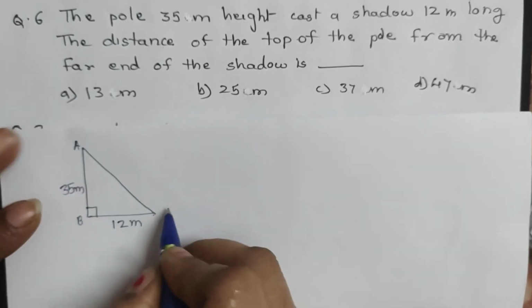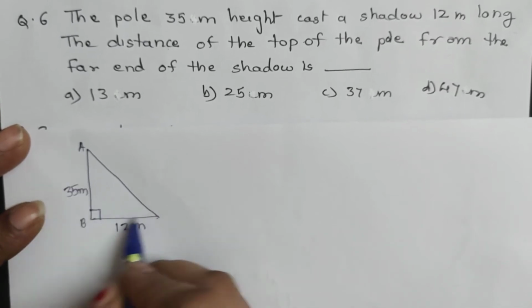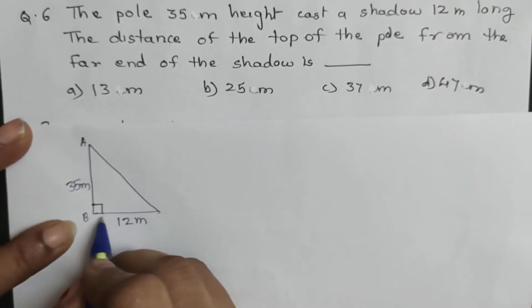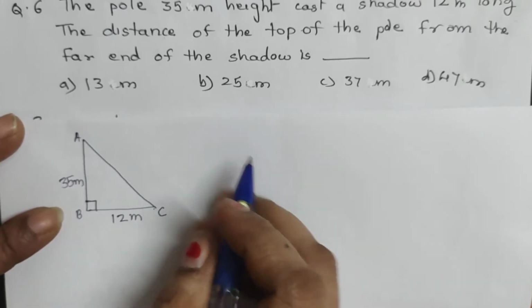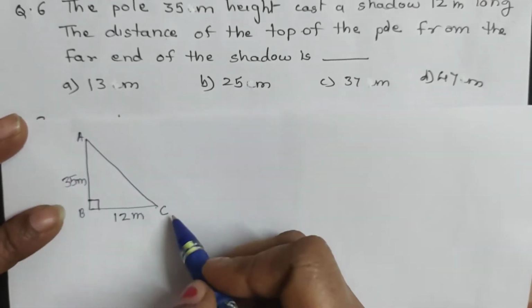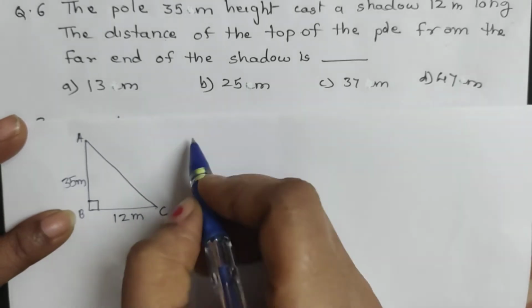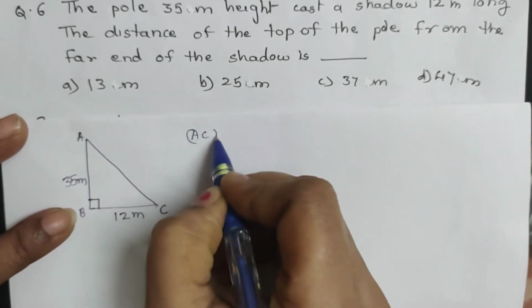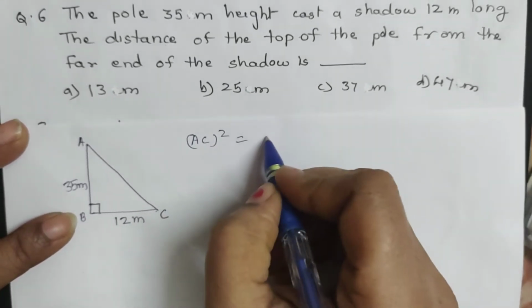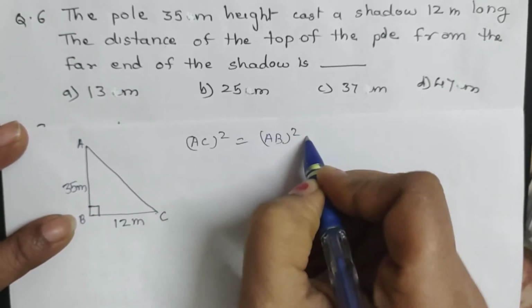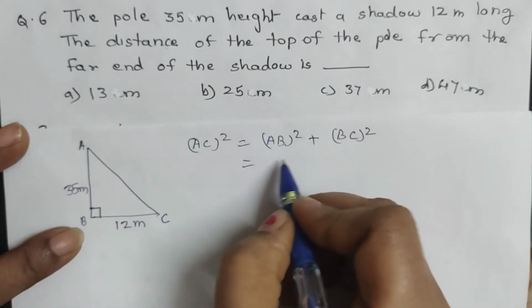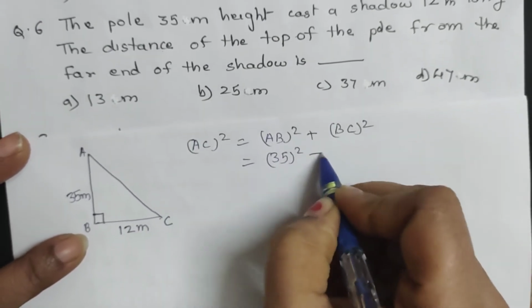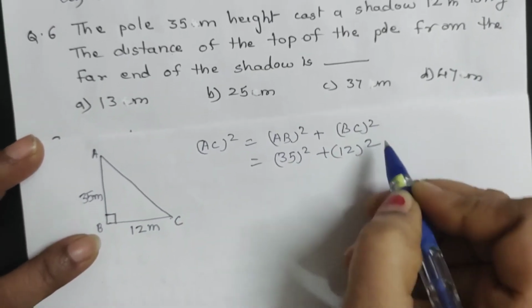So pole means it is standing erect, so here it will be 90 degree. So ABC is a right angle triangle. Now we have to find the length of AC. So by using Pythagoras theorem, AC square is equal to AB square plus BC square. So AB is given 35 square plus 12 square.